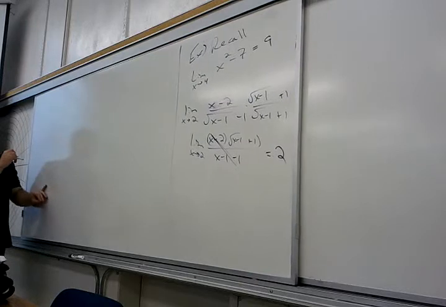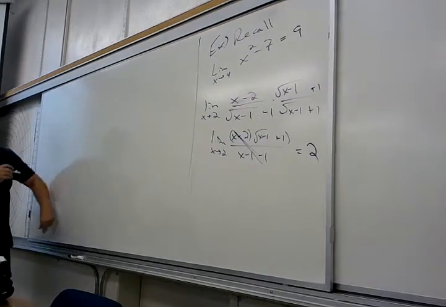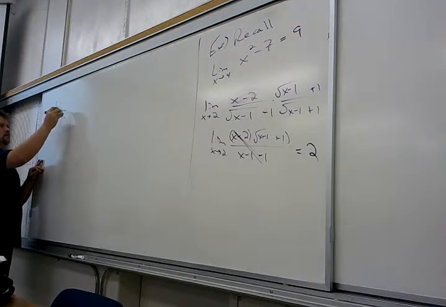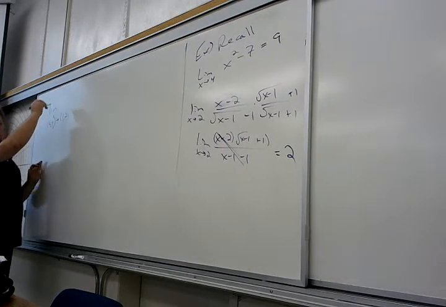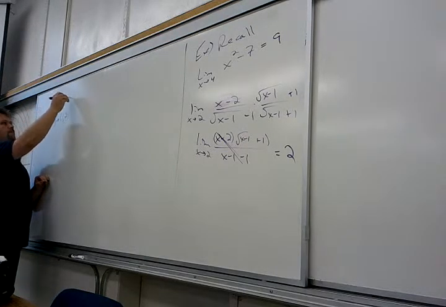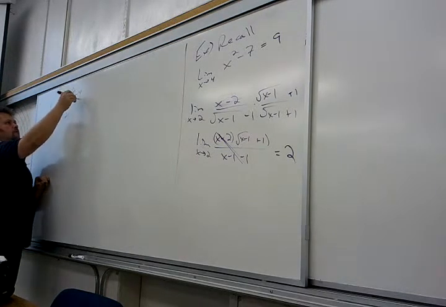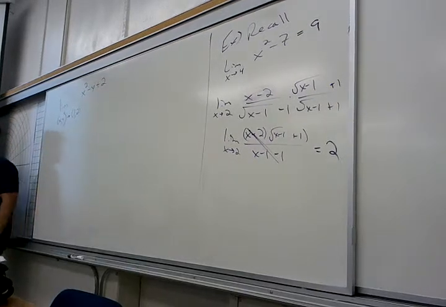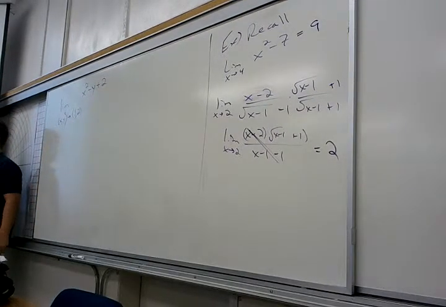So what do you guys think about, let me just show you what this is going to look like. It used to be letting the input go to a value.